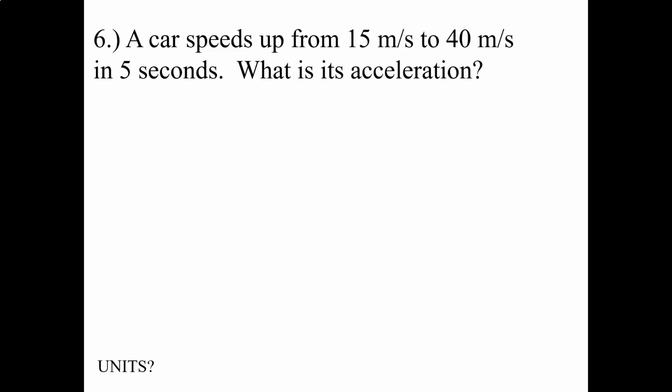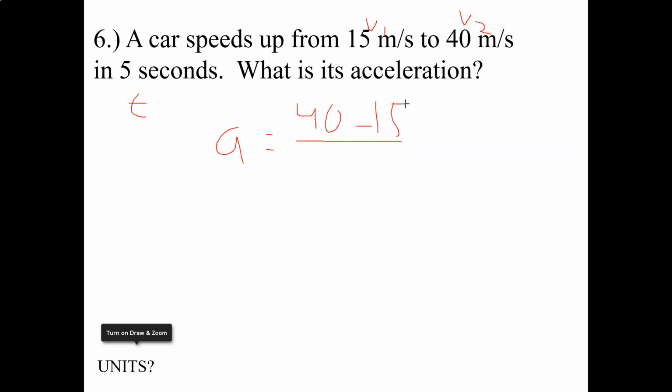Let's say we speed up from 15 meters per second to 40 meters per second in 5 seconds. Well, we have our V1, we have our V2, and we have our time. So my acceleration equals V2, which is 40 meters per second, minus 15 meters per second, over 5.